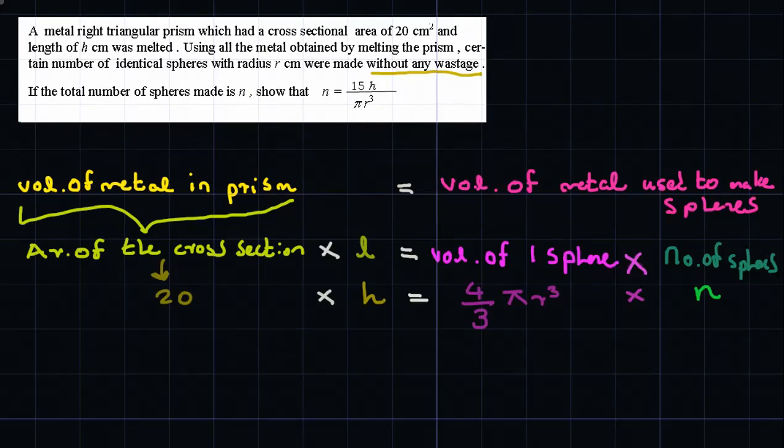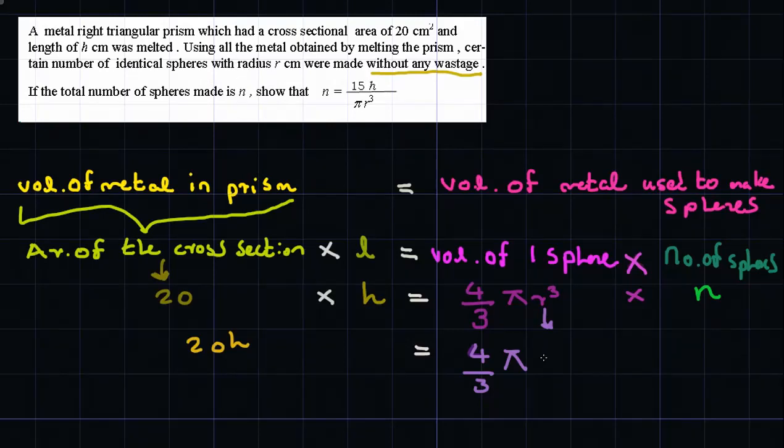All right. So we have 20 times h, which can be written as 20h equals 4 over 3 pi. Let's look at the radius. Have they given us the radius? Certain number of identical spheres with radius r.